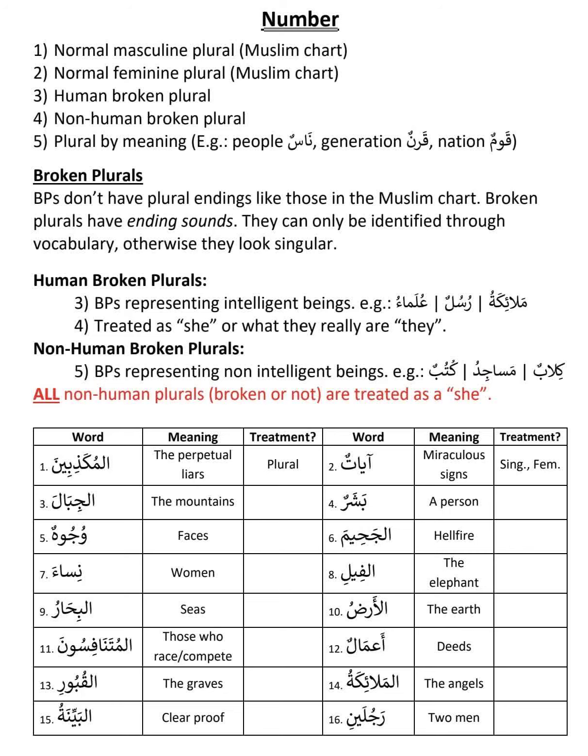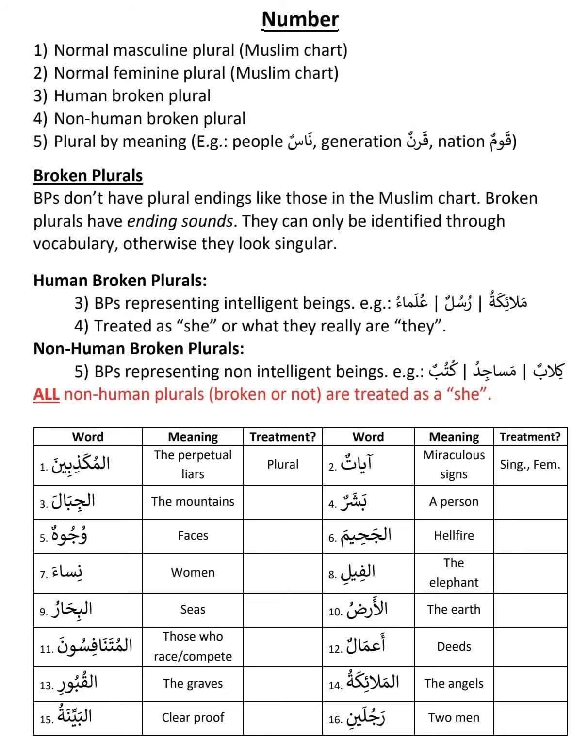It is there because it is a human broken plural. Rasuluna is there, the normal plural, but on top of that it has another broken plural which is called Rusulun. So it has the normal Muslim chart plural as well as a broken plural, Rusulun. Rasuluna and Rusulun both are plural.